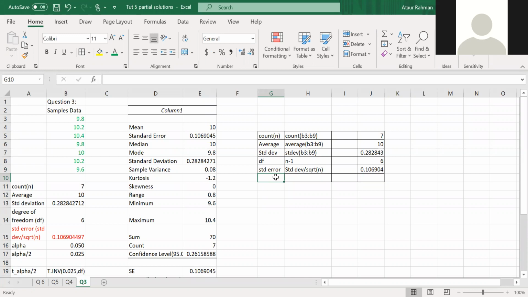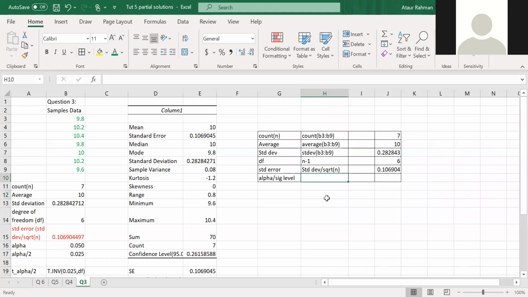So for a 95% confidence interval, our alpha, or the level of significance, also called the significance level, is 1 minus the confidence level. So 1 minus 0.95.